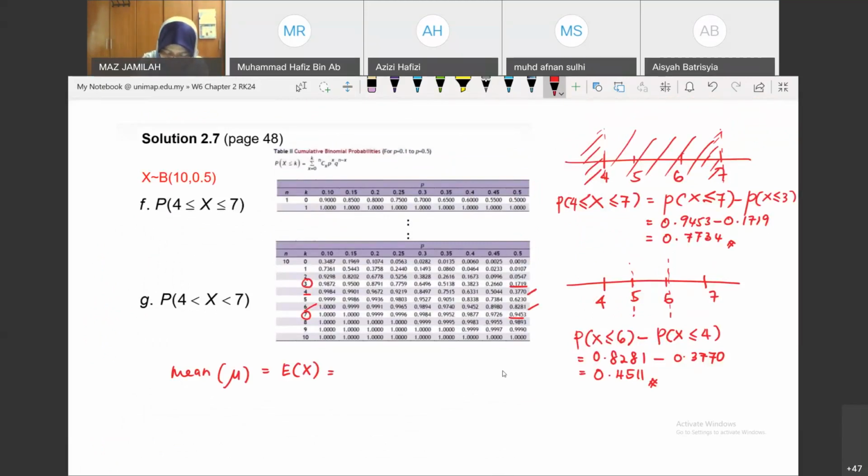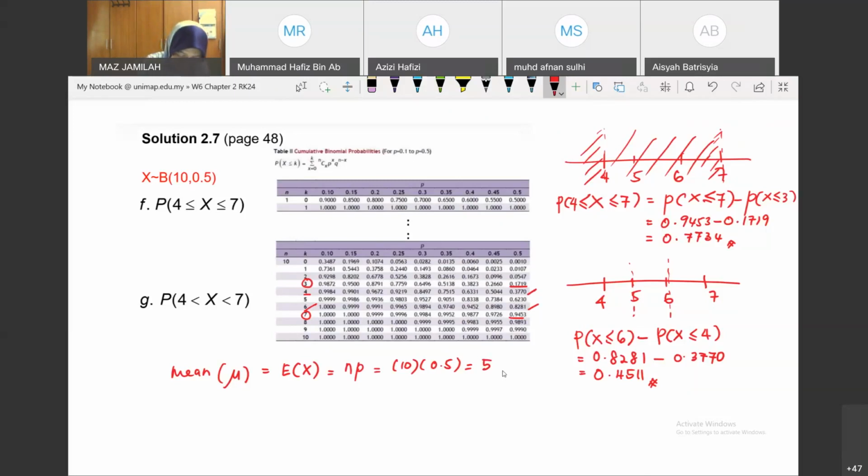That is n multiplied with p, 10 multiplied with 0.5. So your mean for this random variable would be 5. Means that the average for this random variable is 5.